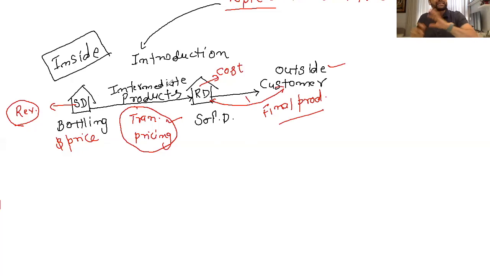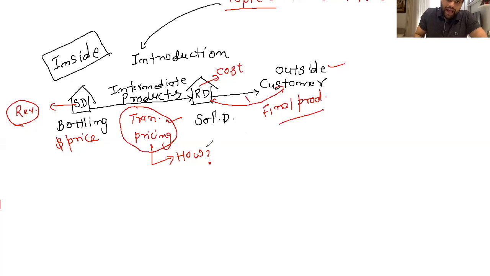That's the very basic idea behind transfer pricing. Now, the question is how to calculate this price, how we estimate what price the supplying division will charge the receiving department.